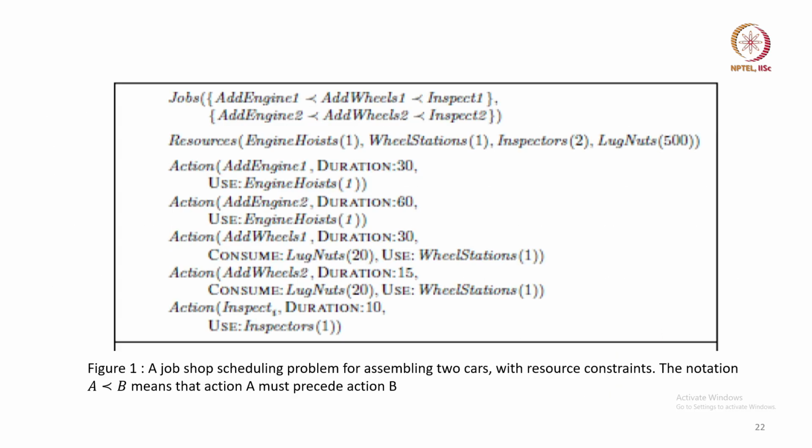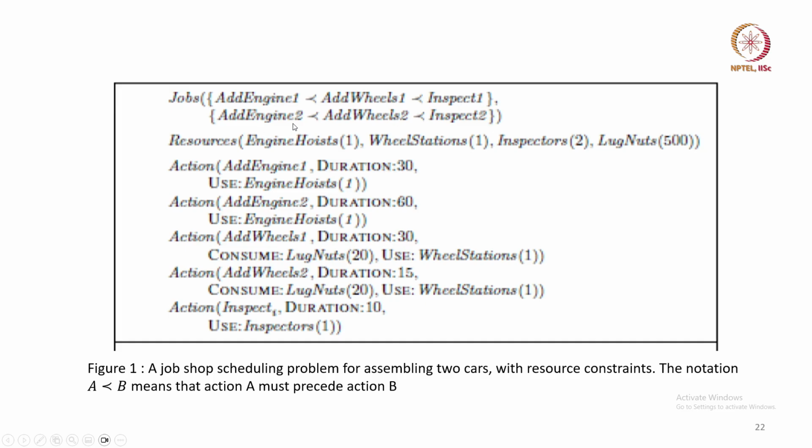So one example is the job scheduling problem given over here. What happens here is that these are the jobs that are given to you, and these jobs will have some type of ordering in them. Okay, so add engine 1 has to be done first, and then you have to add the wheel 1, and then you have to inspect.